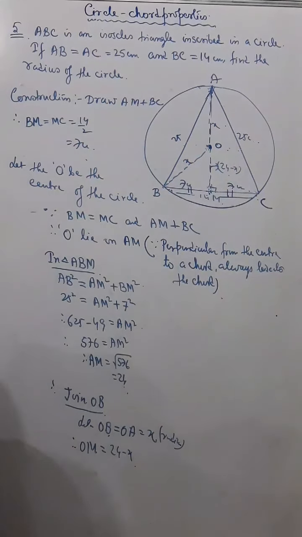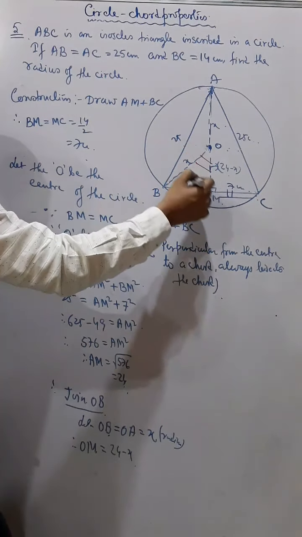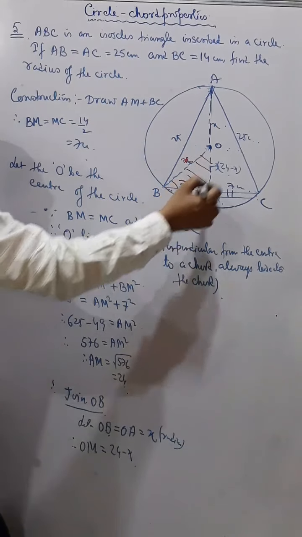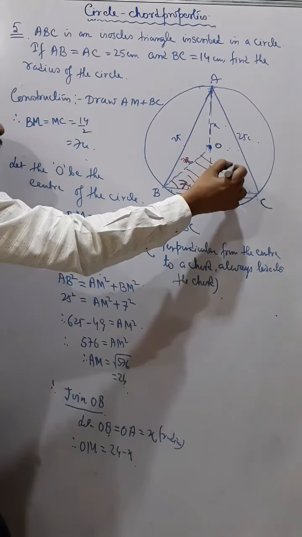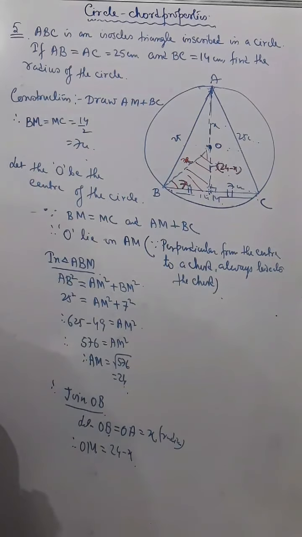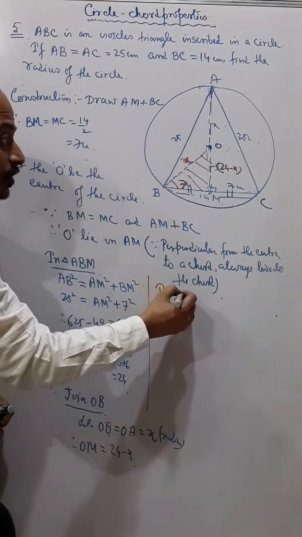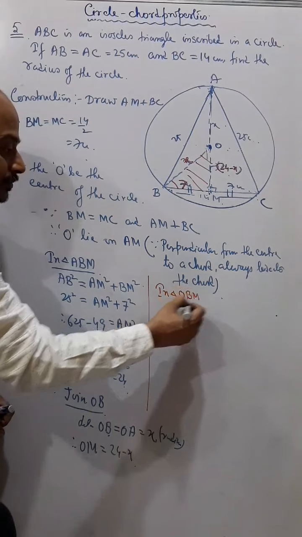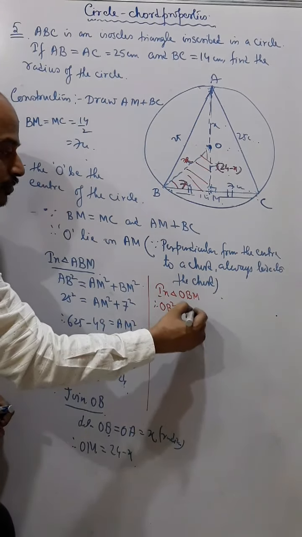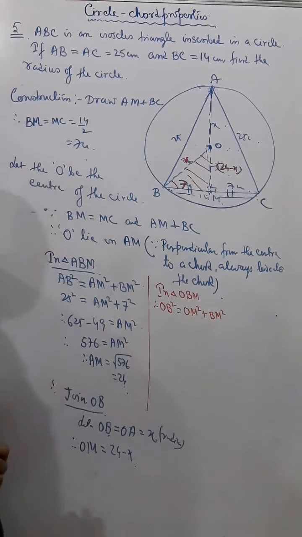Now if I use this triangle, this is x, this is 7, and this is 24 minus x. If I use Pythagoras theorem, I can get the value of x. In triangle OBM, OB square is equal to OM square plus BM square.